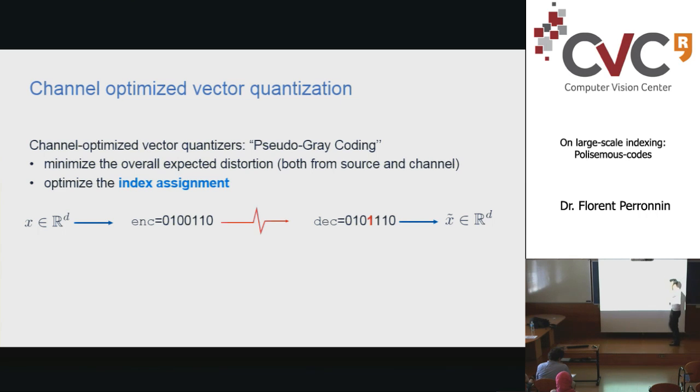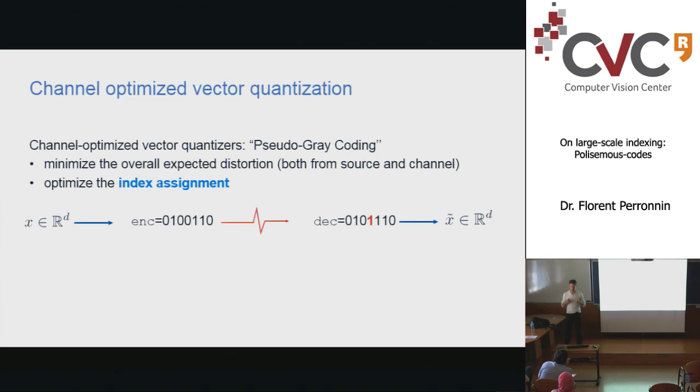And so the question is, how do you optimize your encoding here so that you're not too affected by the channel noise? And the solution which was proposed in the literature is to optimize the index assignment.